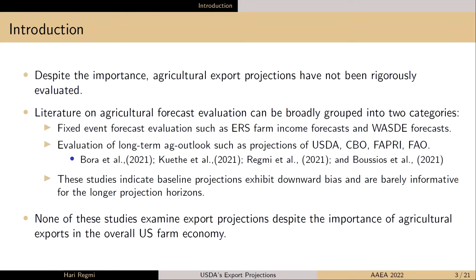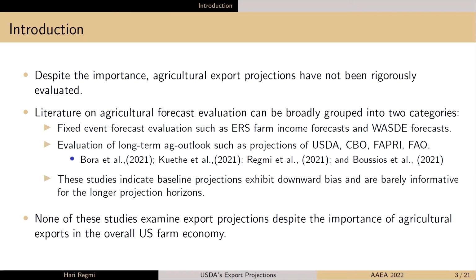There are a couple of studies in the literature that began just in recent years. We can see that Bora et al. evaluate the US farm income forecast and crop production forecast, focusing on USDA and FAPRI baseline projections.